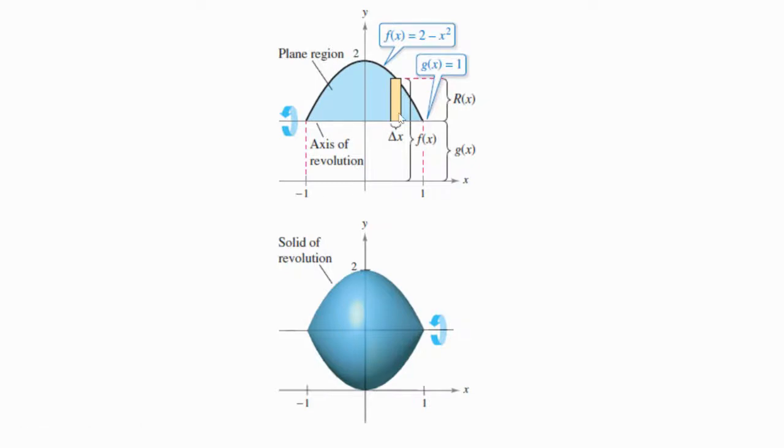But what is the r? Well, the r is the distance that we get between the axis of revolution in this. So you see the r is from y equal 1, this line, to the function. So this is capital R of x. Now this is still delta x.